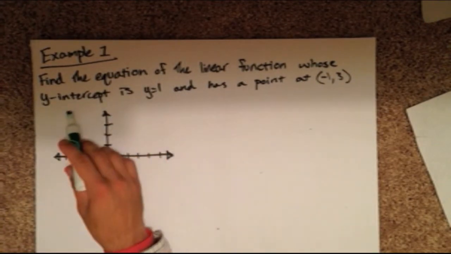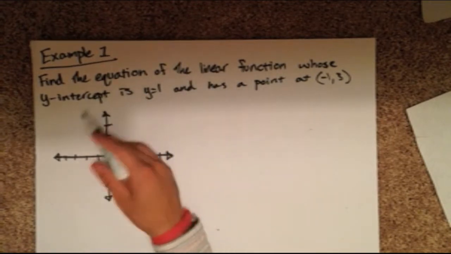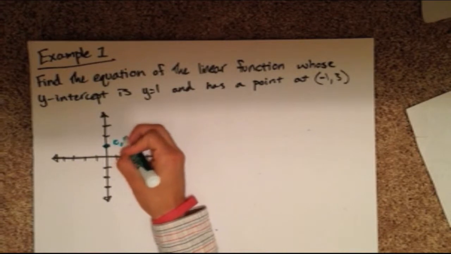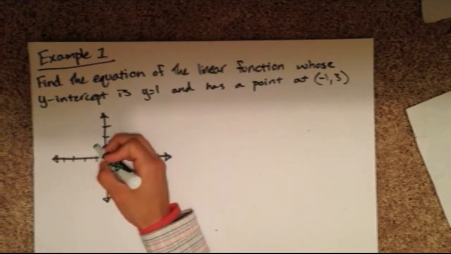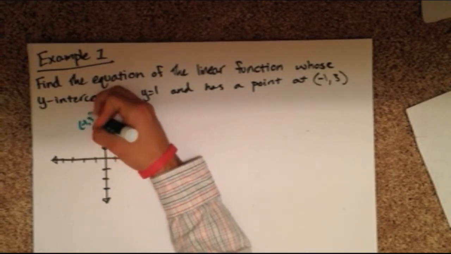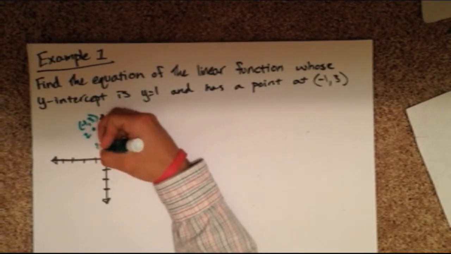Example 1 is asking us to find the equation of the linear function whose y-intercept is at y equals 1, so we'll write that as 0, 1, and which has a point at negative 1, 3. Let's label this as point 2 and point 1.